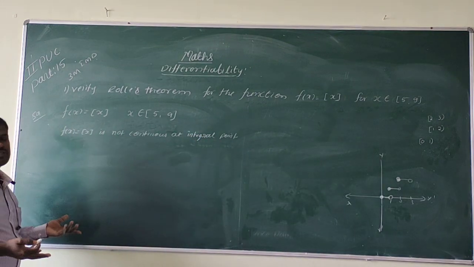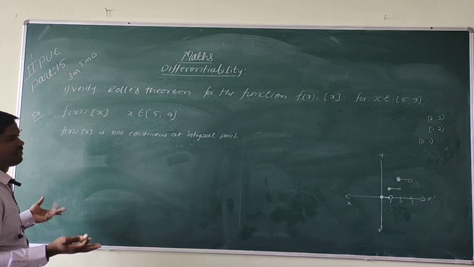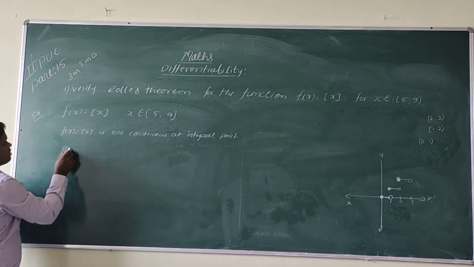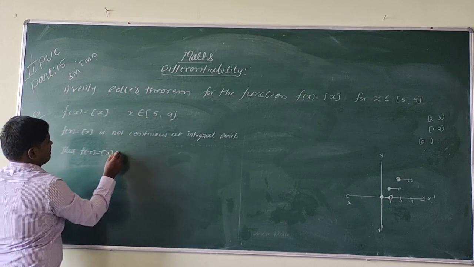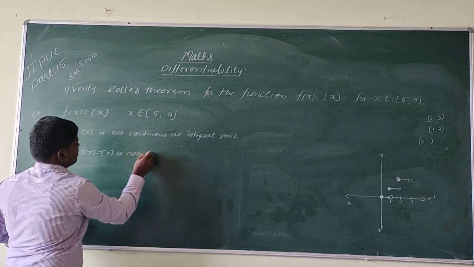It is not continuous, which implies it is not differentiable. Thus f of x equals bracket of x is not differentiable.